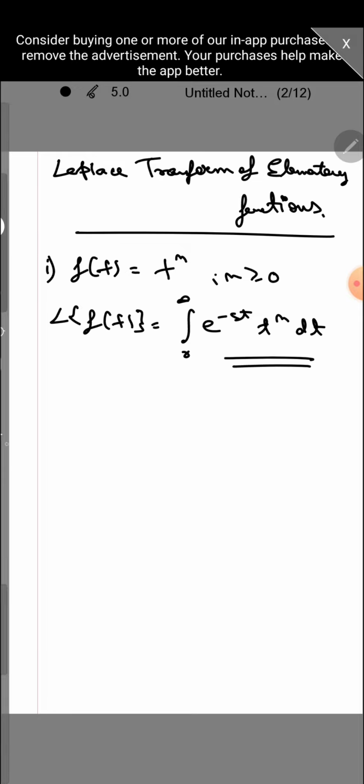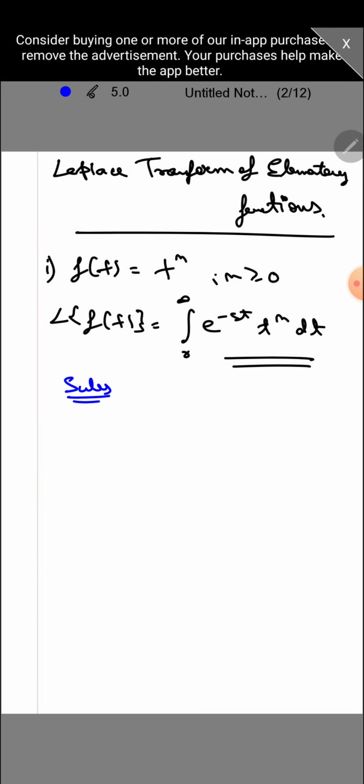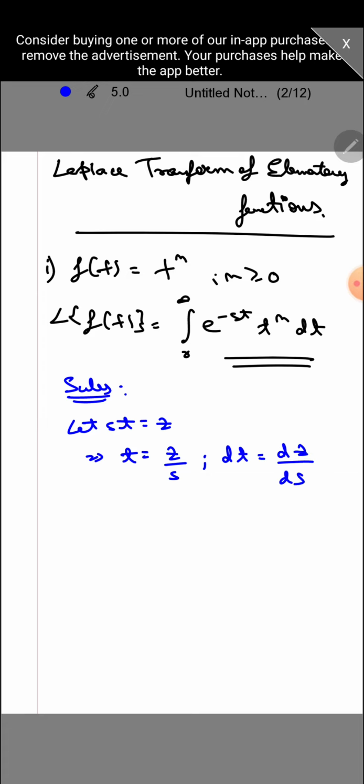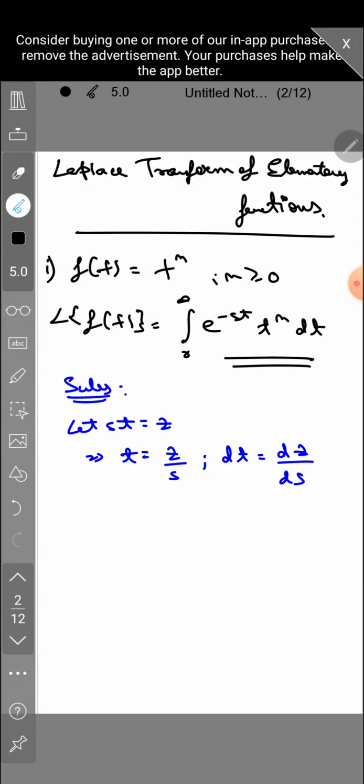Acha, how to solve this integration now? So let me change the color of the pen once. So here we will be doing a substitution. Okay, what substitution? So let st equal z. So that means t is equal to z over s and dt is equal to dz over s, because the integration is with t as variable. Okay, so putting the value in the integration, what do we get?